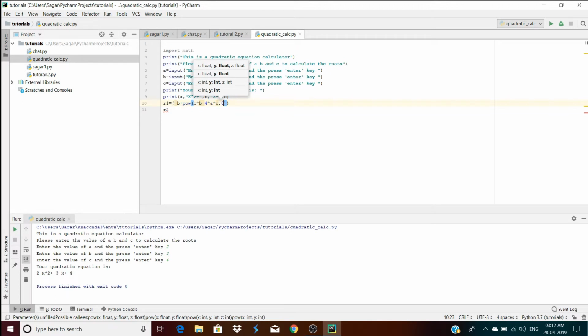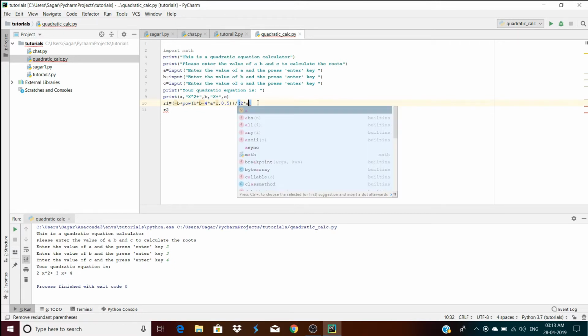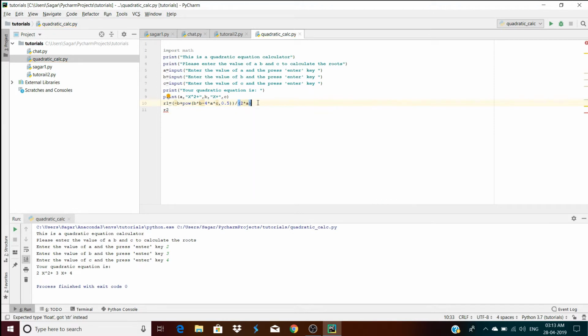So this would be minus b plus b square minus 4ac, isn't it? Up till this would be clear for you, and then divide this entire value by 2. Let me put a bracket here. So this should be divided by 2 into a. This is our first root r1, and for the second root let us copy this and paste it here.